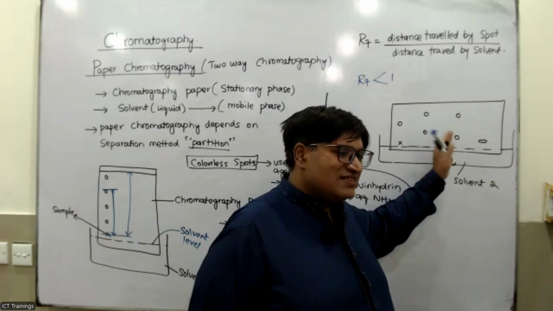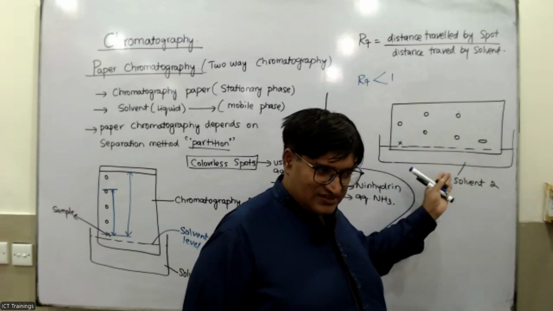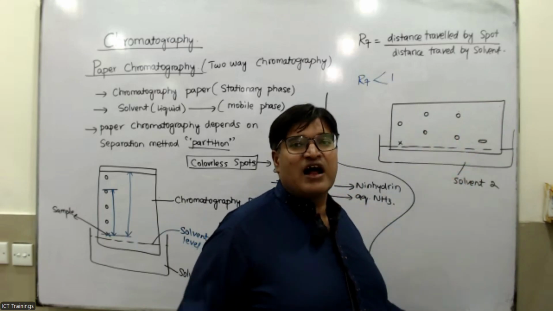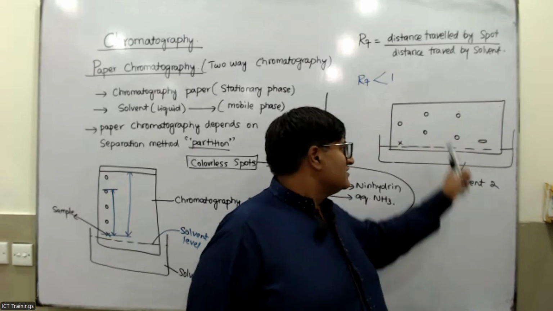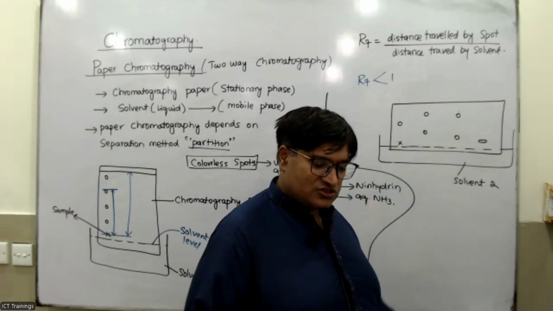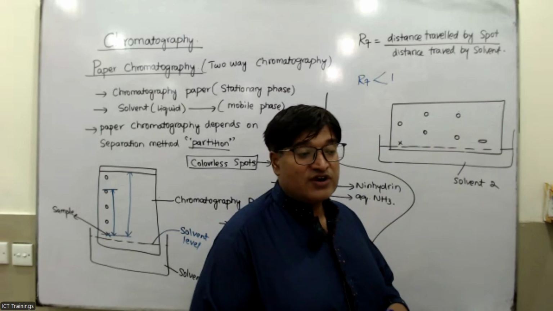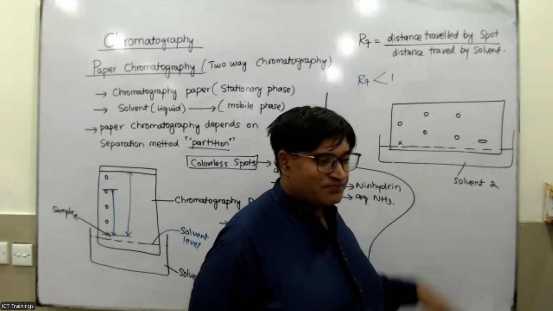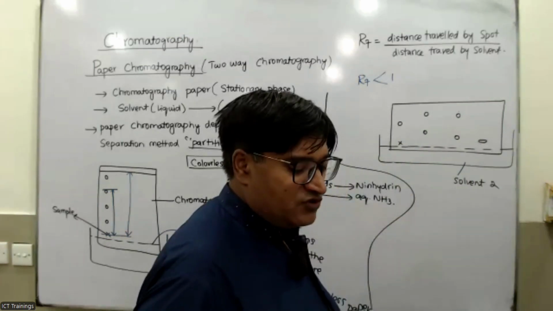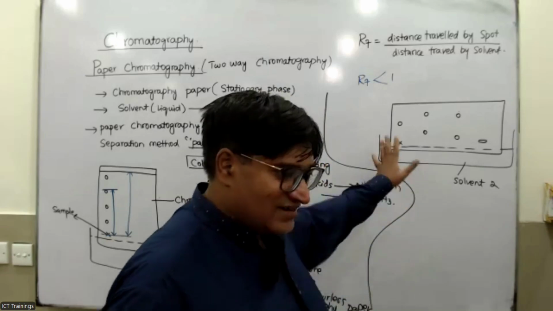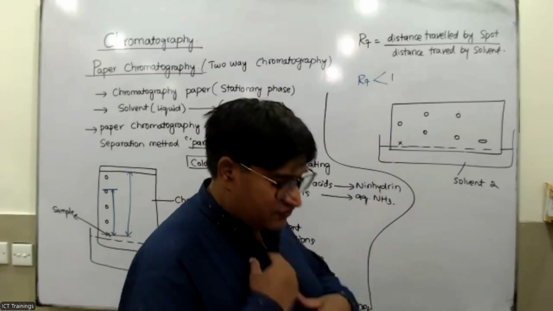Now, by using these spots' distances, we have to find out which things are present. So we will study these spots in our next class tomorrow, and then we will do the paper chromatography past paper tomorrow. Then you will understand the concept. That's it for today from my side.